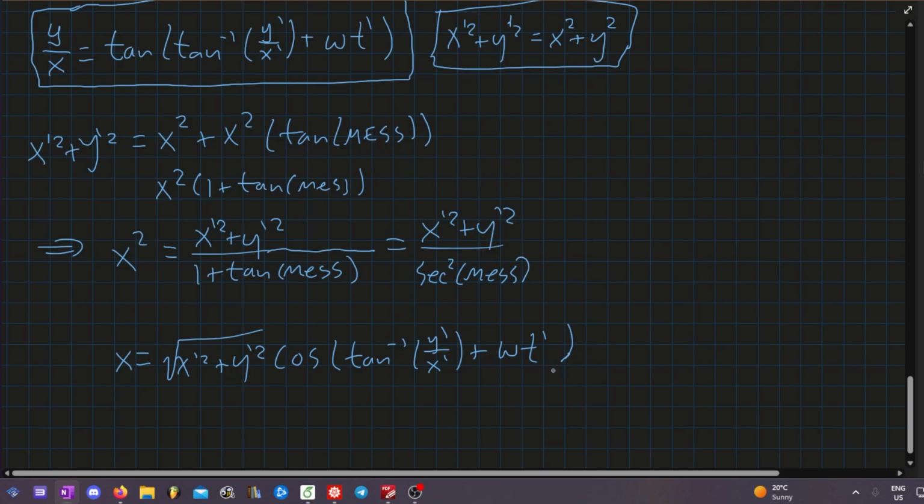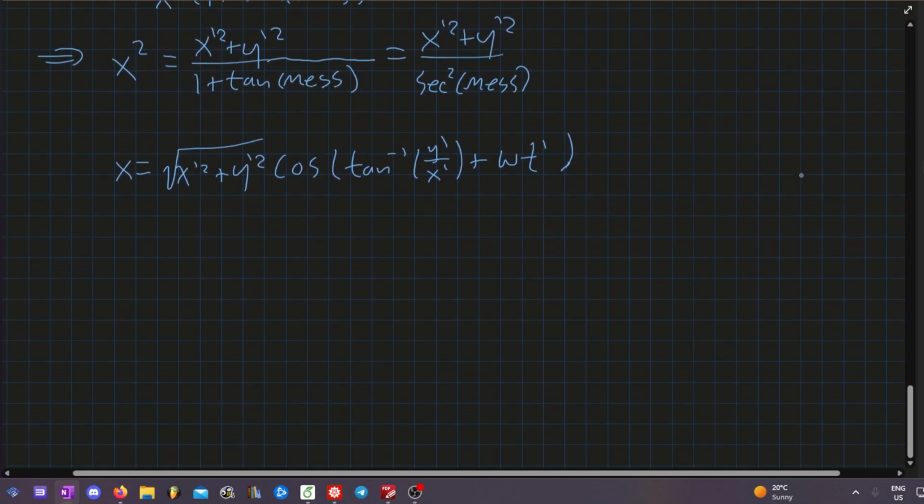Now we're going to use another trig identity, so we know that cosine of alpha plus beta is cos alpha cos beta minus sine alpha sine beta.